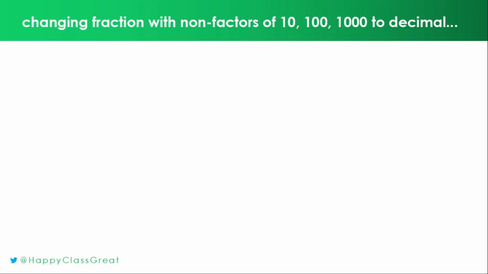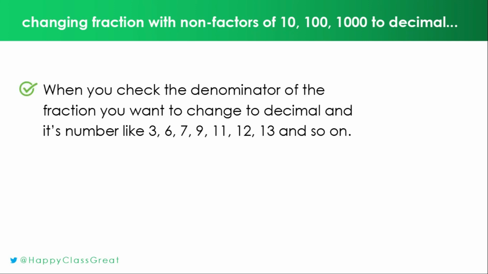So now, how are you going to change fractions that have non-factors of 10, 100 as the denominator to decimal? When you check the denominator of the fraction, that means the bottom number, the number below the fraction bar, and you see that the number is 3, 6, 7, 9, or 11, or 12, or even 13, these are numbers that you cannot multiply with another whole number to give you 10, 100 or 1000 and so on.